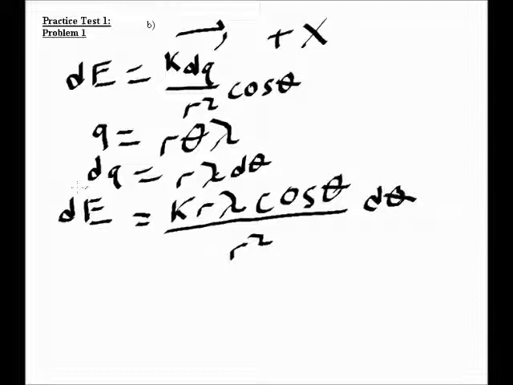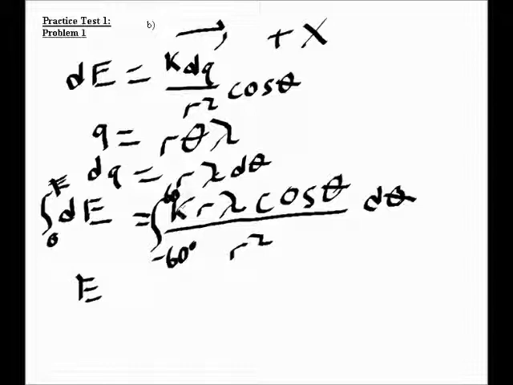So from here, to find E, you would integrate both sides. Integral of dE equals E. The limits of integration for d theta are negative 60 degrees to 60 degrees, or radians would work too if you'd like.